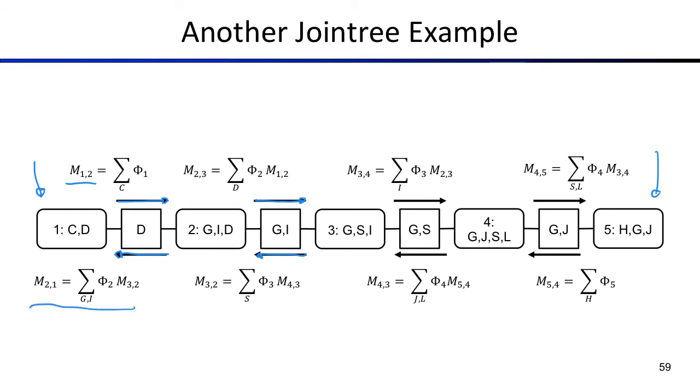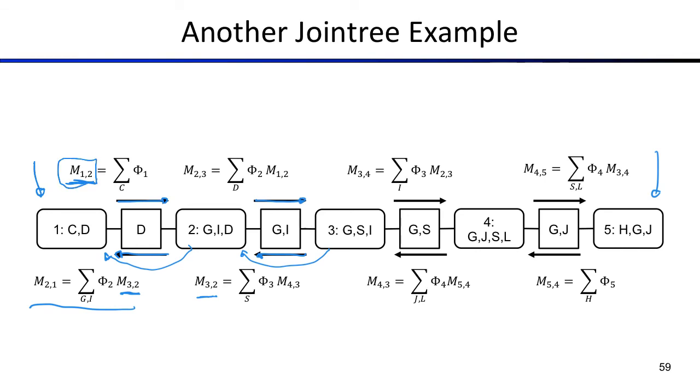That's the definition of the message from 2 to 1. It doesn't mention the message from 1 to 2. It just mentions the message from 3 to 2, that is this message here. So in order to have the message from 2 to 1, I need the message that came from 3 to 2. And I do not use this message from 1 to 2 here, right?